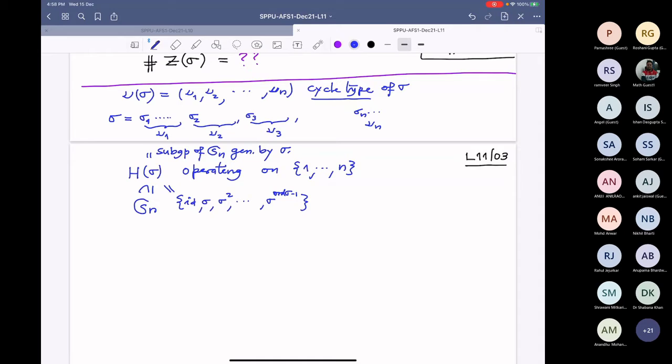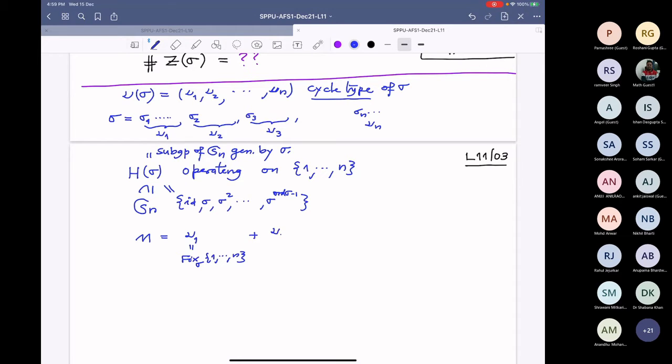The nu one will be the number of fixed points. All right. On the other hand, the set which it is operating on is 1 to n. So n will be equal to mu 1, this mu 1 is the number of fixed points of sigma on the set 1 to n.